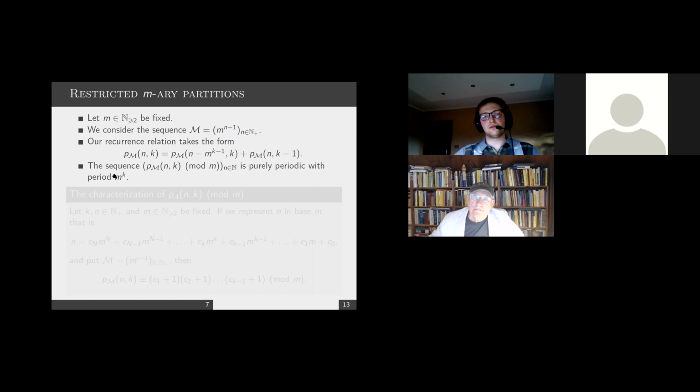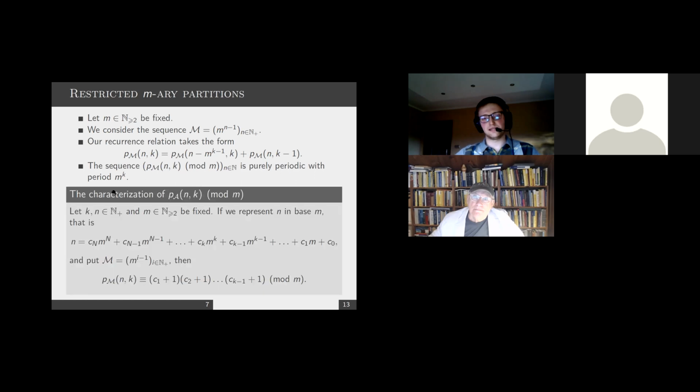From this assumption and this observation, we can deduce an analogue of the well-known theorem for unrestricted m-ary partitions. That is the theorem which states that for given positive integers k, n, and m, if we represent n in base m, that is n equals the following sum, and we put curly M to be the sequence of consecutive powers of m, then the restricted partition function p_m(n, k) is congruent to the product over j from 1 up to k minus 1 of c_j plus 1 modulo m.